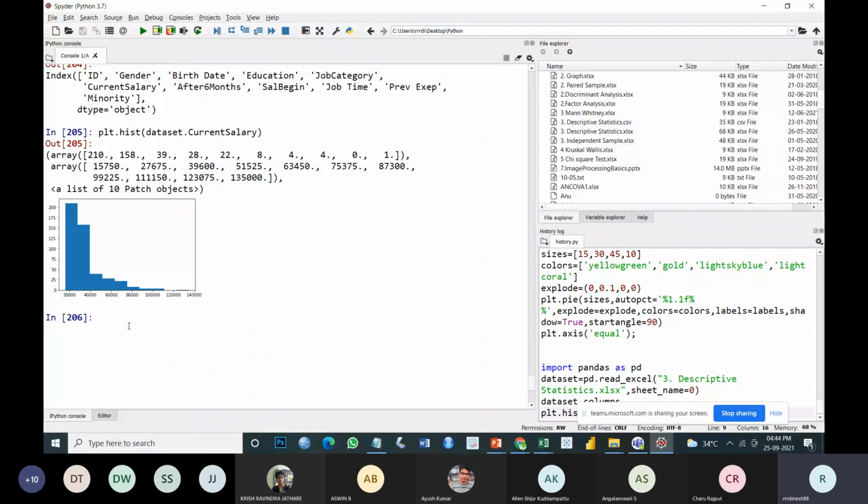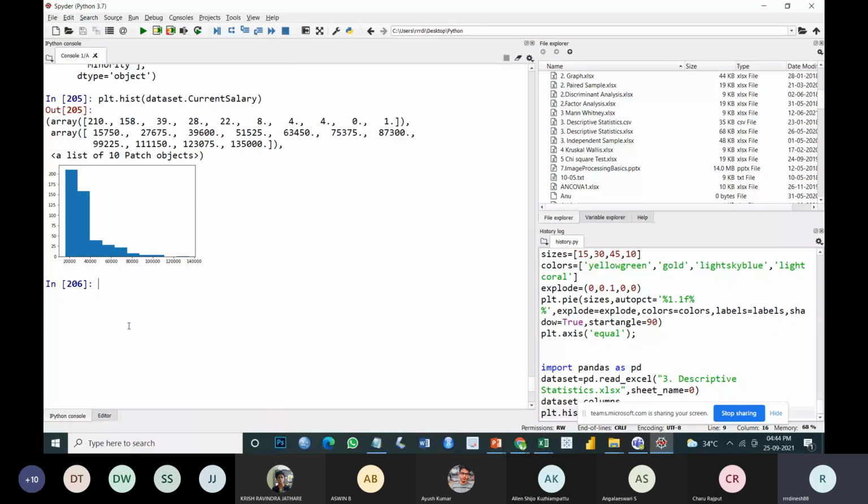Hist is used to draw the histogram, which is a frequency distribution of the data. We can draw the histogram only for continuous variables. If you get a bell shaped curve, we can say the data is normally distributed.